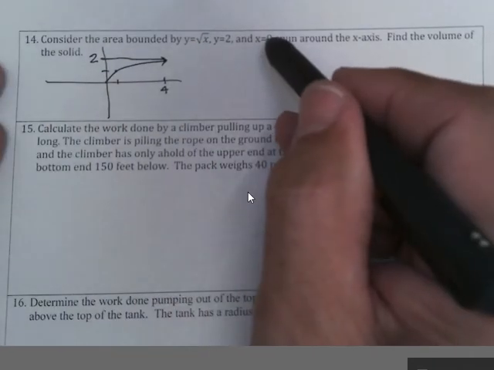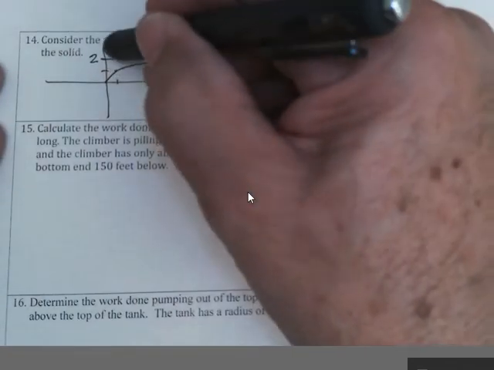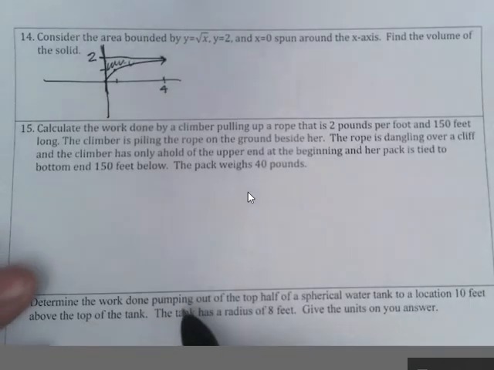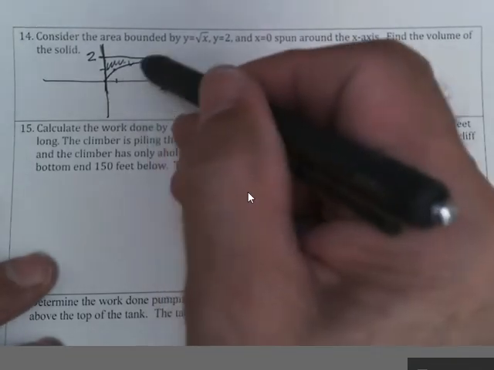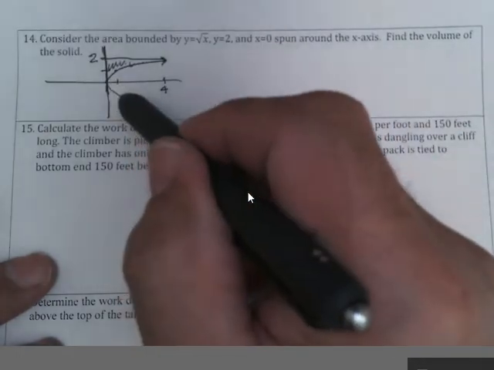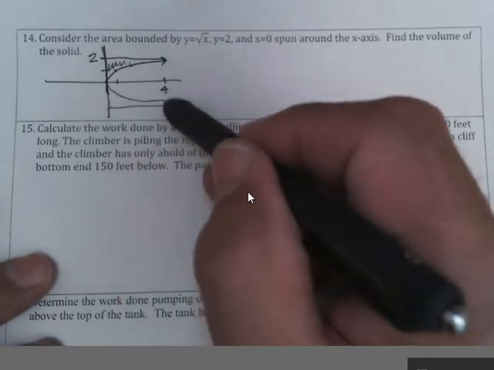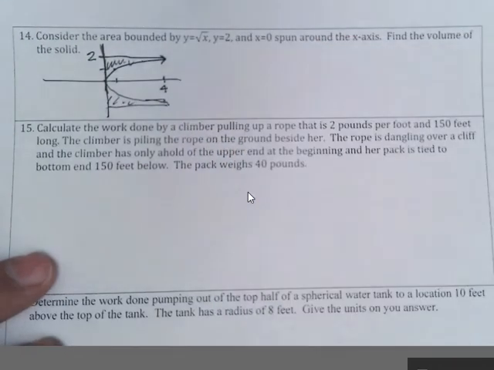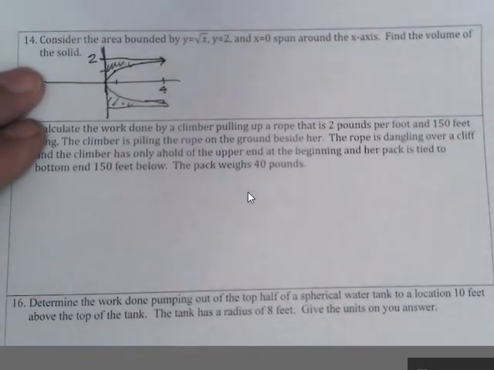And x equals 0. x equals 0 is this, so this is that area that's bounded by that. Spin it around the x-axis, so it would cause a thing down here going this way. Find the volume of the solid.